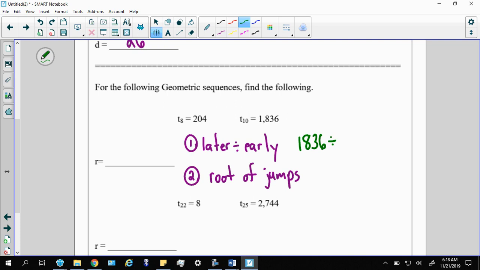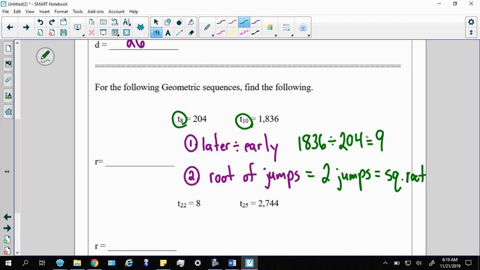I'm going to divide that by the earlier term, which is 204. When I do the math, I end up with 9. Now, let's talk about the jumps here. I'm at my 8th term, and now I'm at my 10th term. That's 2 jumps. So if you remember in class, 2 jumps in this case would be a square root.